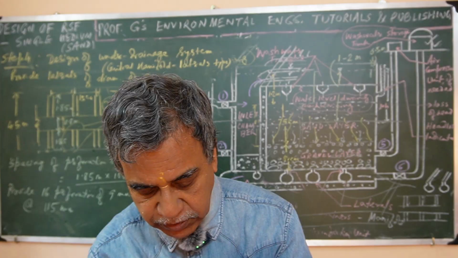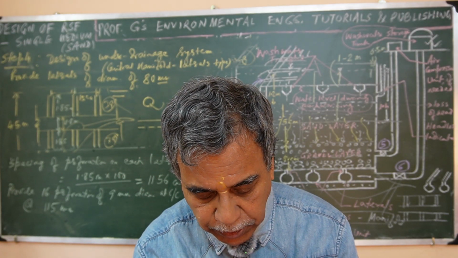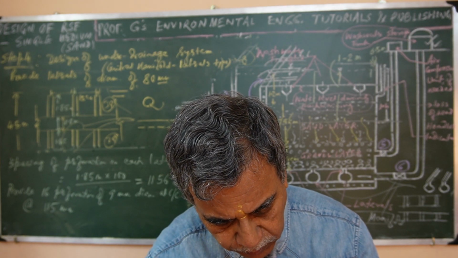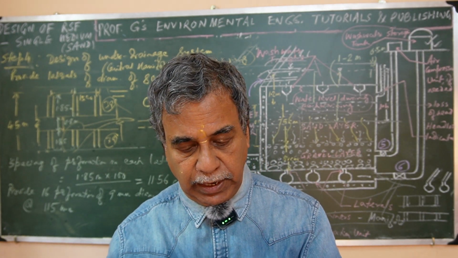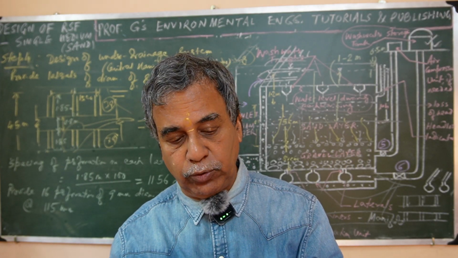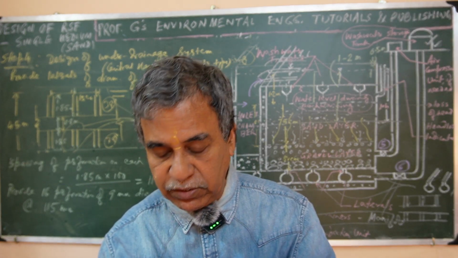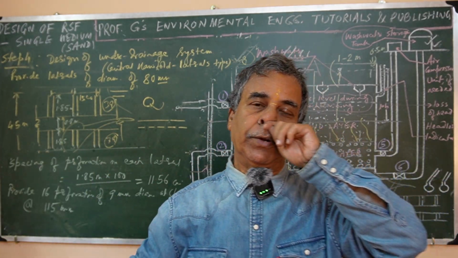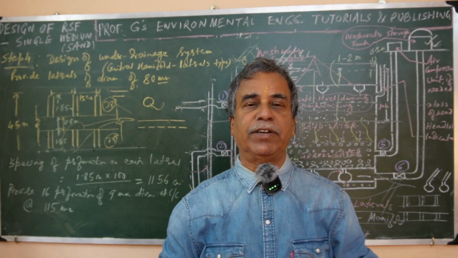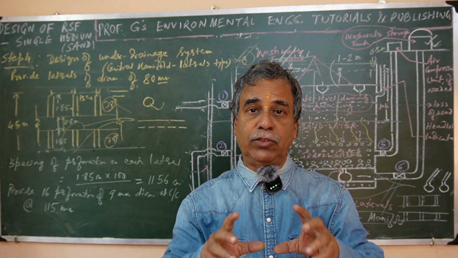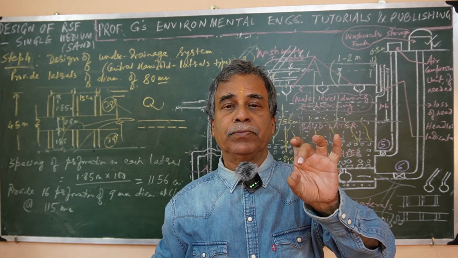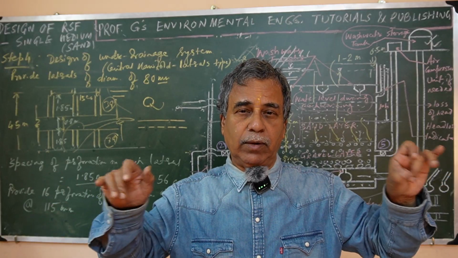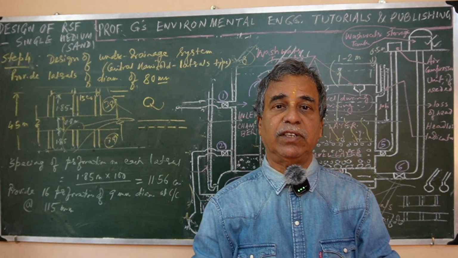From the structural strength point of view, the ratio of length to diameter of the laterals should not exceed 60, because it is a long structural component, and the slenderness ratio is defined by the length of the laterals and the diameter. So it should not be too high.